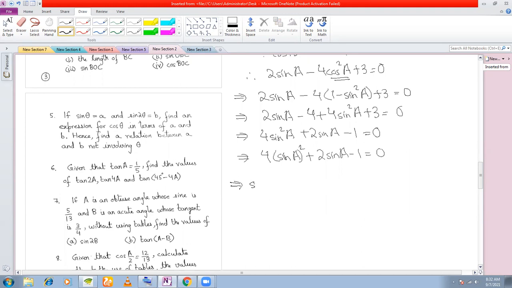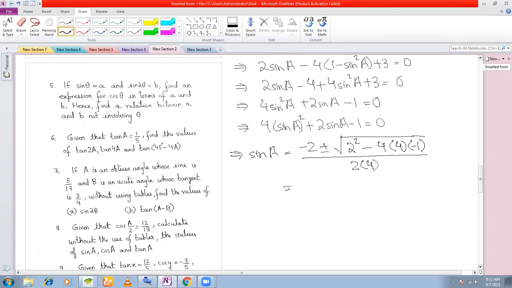That means sine A is equal to minus b plus or minus root over of b square minus 4 A C, divided by 2 A. So we get here minus 2 plus or minus root over of 4 plus 16 divided by 8, which is equal to minus 2 plus or minus root 20 divided by 8.